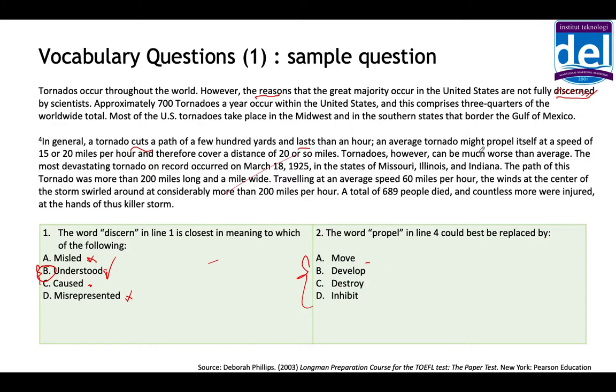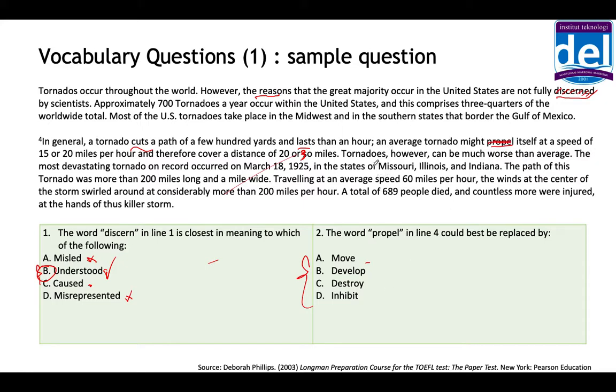itself at a speed of 15 or 20 miles per hour and therefore cover a distance of 20 or 30 miles. So again, we can assume that this word is blank. And then we try to determine the most appropriate word to complete this blank.